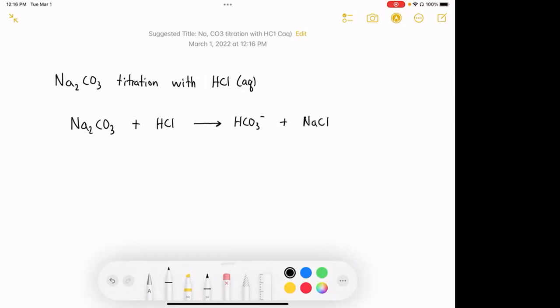And here we would have to balance a few things. So we should balance the sodium chloride too, and the HCl, which should be 2. And then we should balance the carbons here.